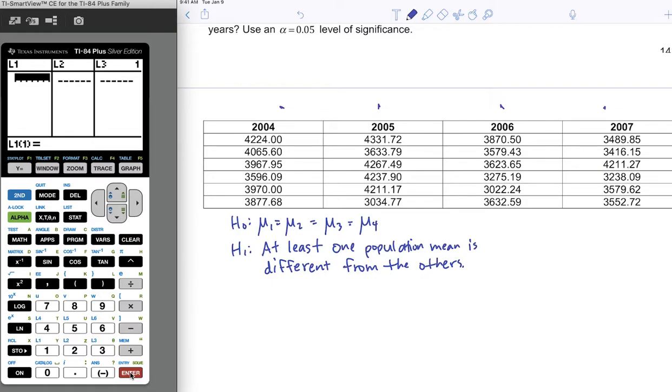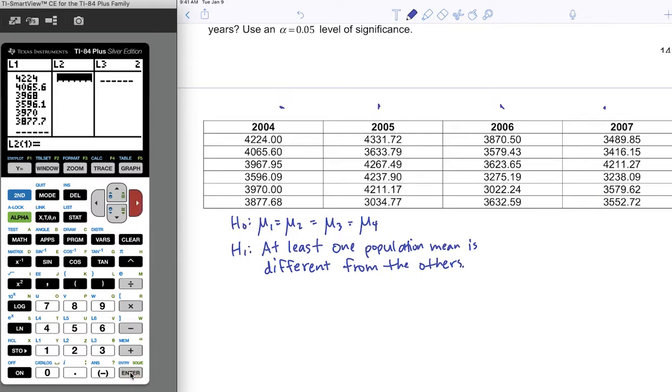Okay, so let's type these in. 4224, enter. 4065.6, 3967.95, 3596.09, 3970, 3877.68. So those were the data values for 2004.